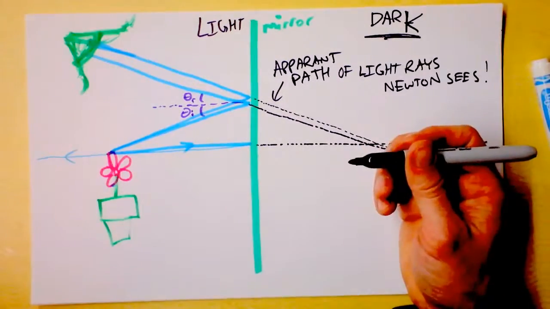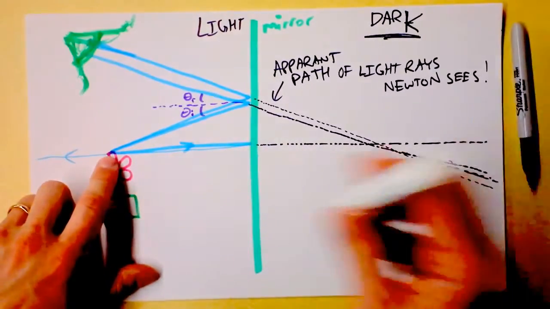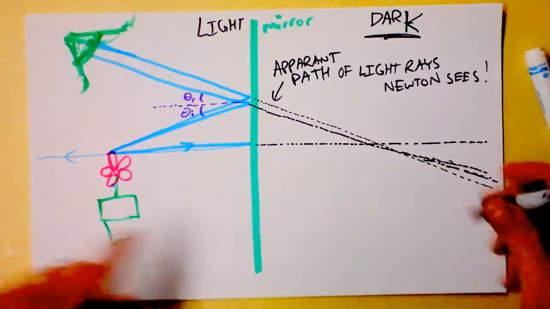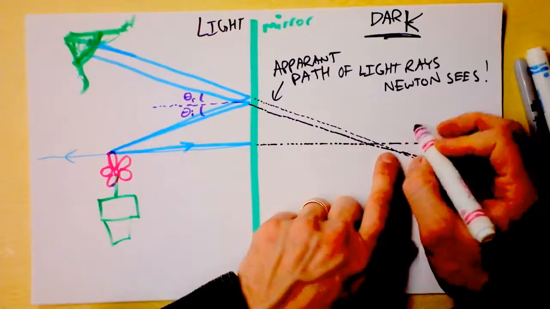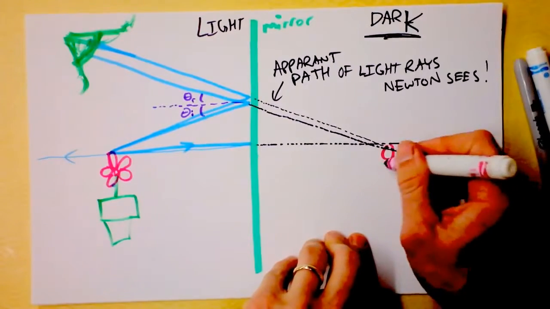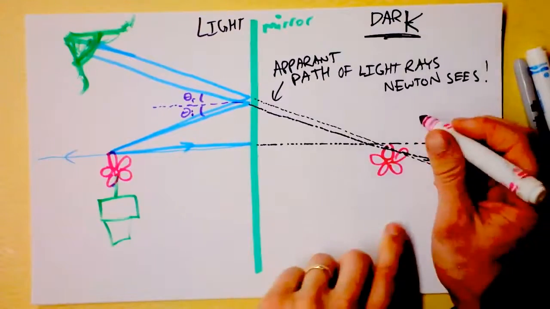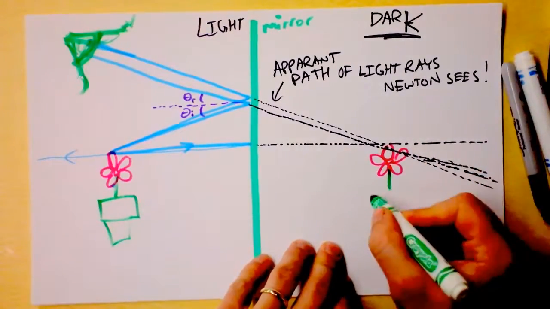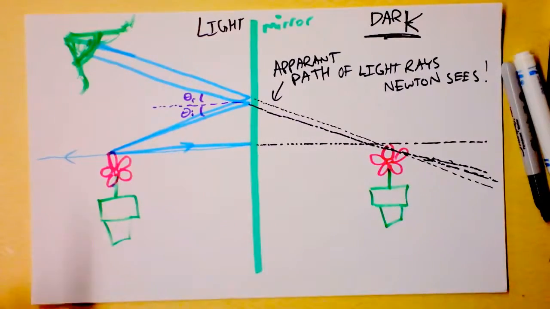I'm saying that a lot of these light rays seem to have come from somewhere over here. In fact, oh, wait a second. Look where all these guys are supposed to intersect at the same point. It's as if there's a flower over here. And that's what Newton sees. He perceives the existence of a flower back behind the mirror.